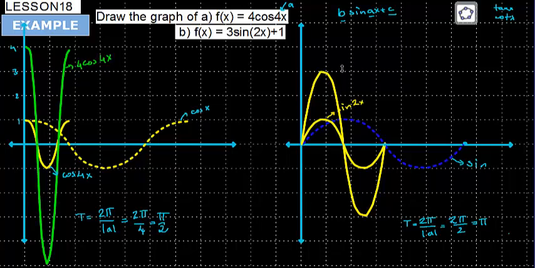Now this green one is sine, actually 3 sine 2x is going to be. Okay, this is the last part now. 3 sine 2x plus 1 is going to be 3 sine 2x plus 1 here.